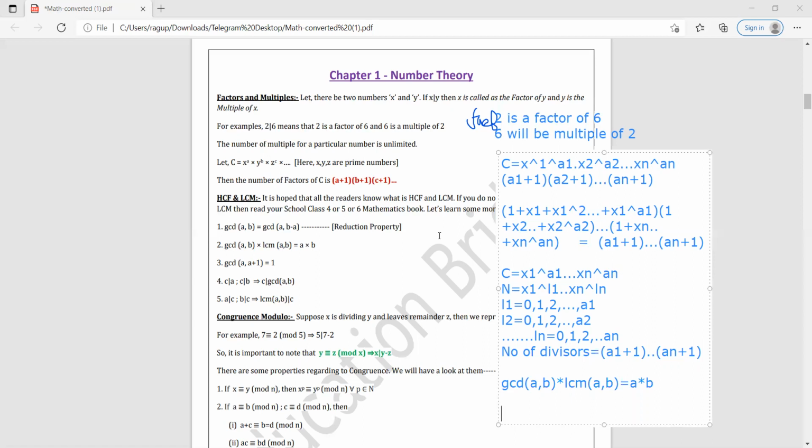For example, we have 9 and 18. GCD of 9 and 18 is 9.